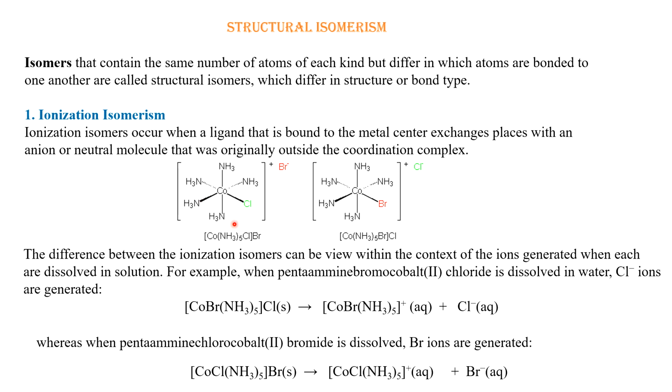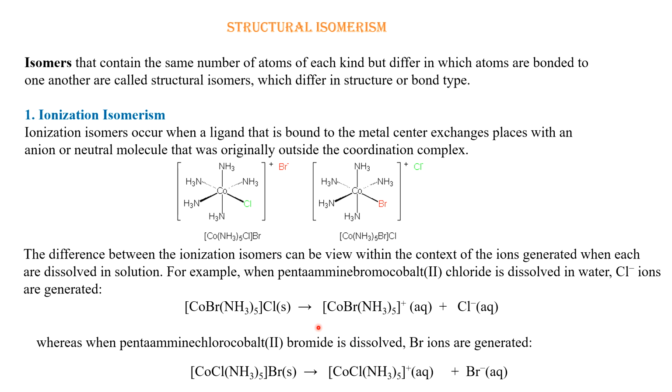This will give the positive test for bromide, and this will give the positive test for chloride, not for bromide, because what is inside will not break. I hope you understood now. As we are getting different ions by dissolving it in water, that's why the name is ionization isomerism.